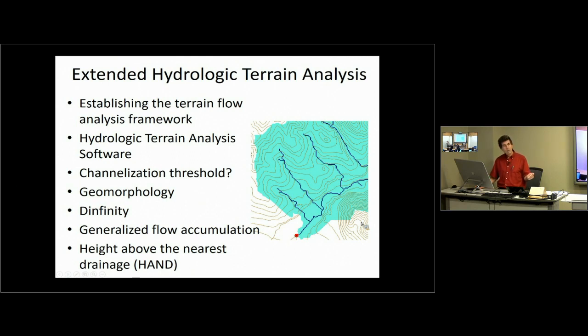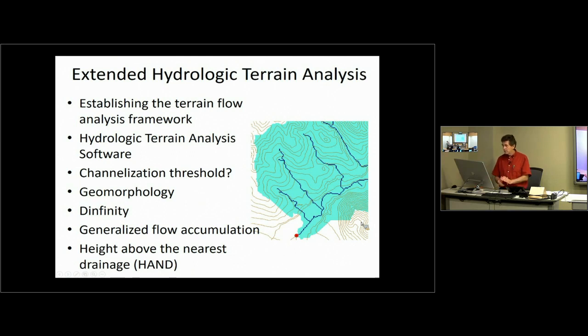We'll talk about the D-infinity model that we've introduced previously just for calculating slope in terms of flow accumulation, and some of the generalized concepts that you can get from that. And we'll end up with height above nearest drainage, which is one of the concepts that came out of that generalized approach.